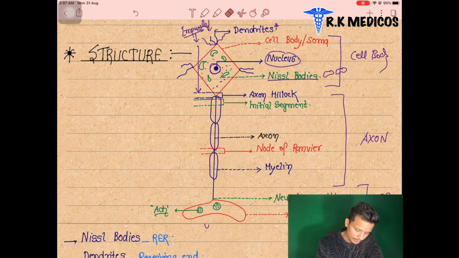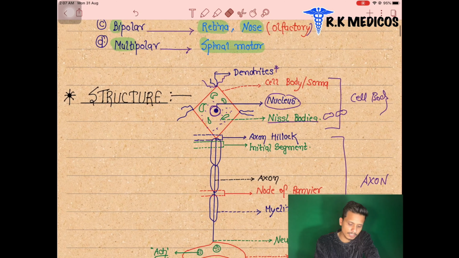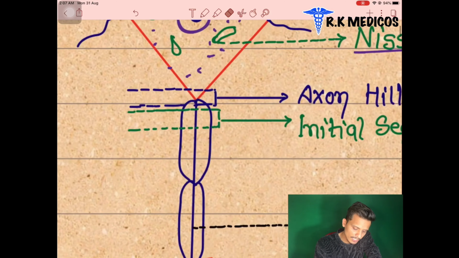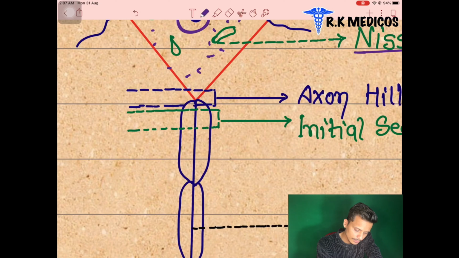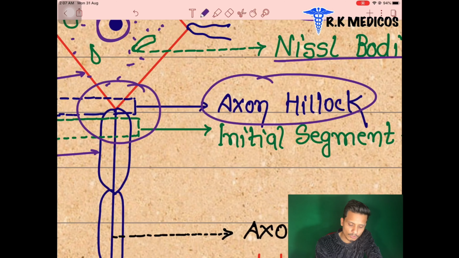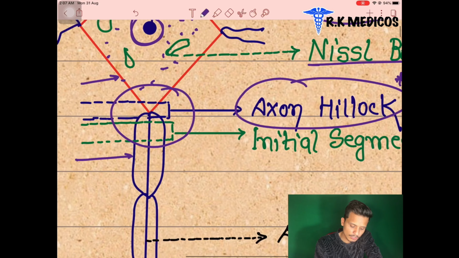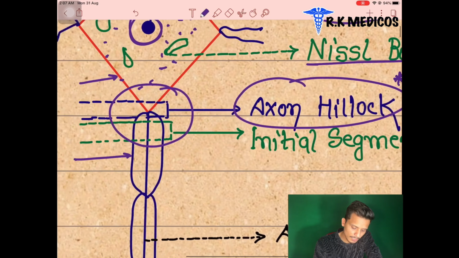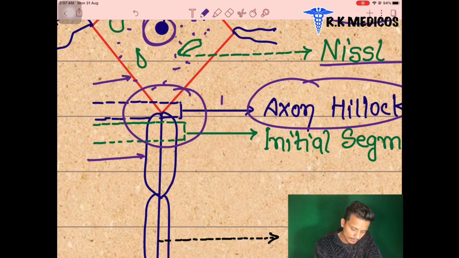Next point we are going to see. Now you know what is present inside the structure. Dendrites you know, cell body you know, nucleus you know, Nissl bodies you know. Now the point here: this is the cell body and this is the axon. They are connecting here. This region is called the axon hillock. Axon hillock is the region where the cell body is connected with the axon, and the initial segment is the region just after the axon hillock.